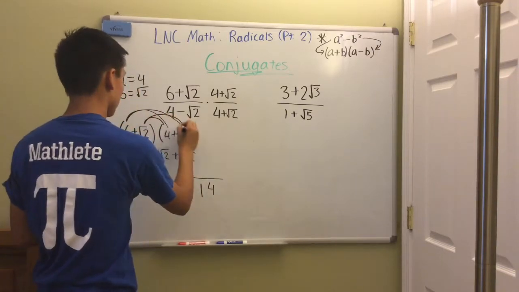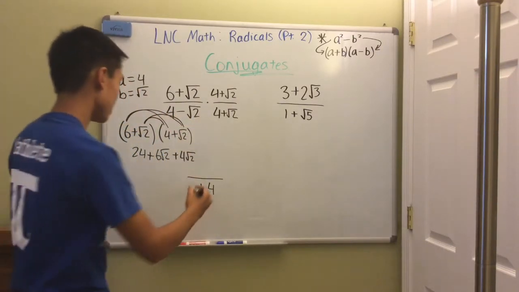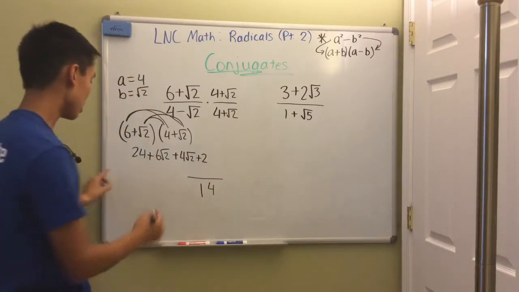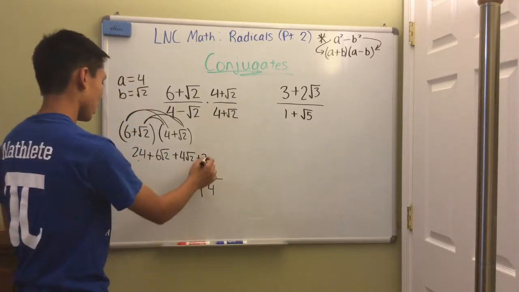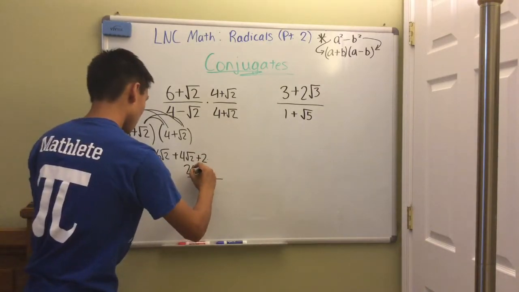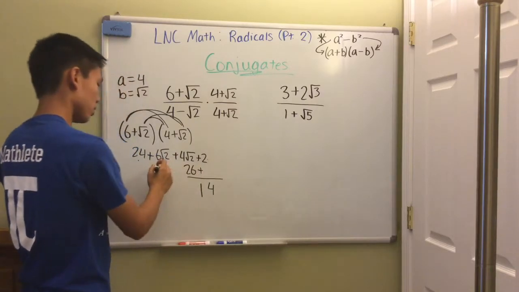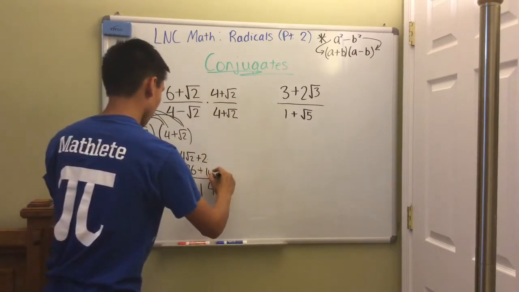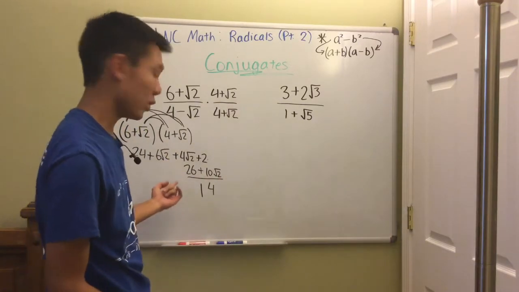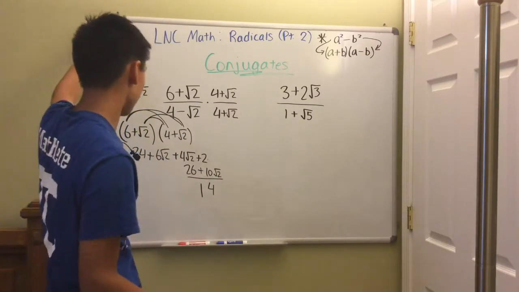And root 2 times root 2 is just 2. So combining like terms, we get 24 plus 2, which is 26, and 6 root 2 plus 4 root 2 is 10 root 2. So that would be your answer, but you could simplify it even further.